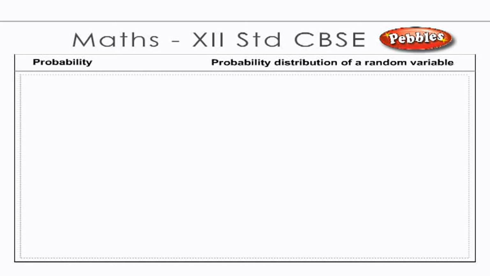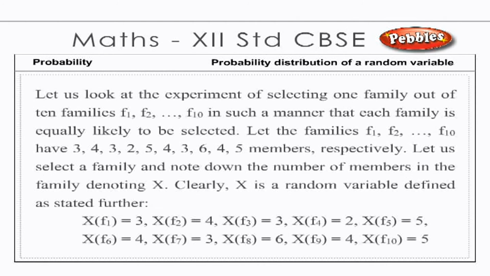Probability distribution of a random variable. Let us look at the experiment of selecting one family out of 10 families F1, F2 up to F10 in such a manner that each family is equally likely to be selected.